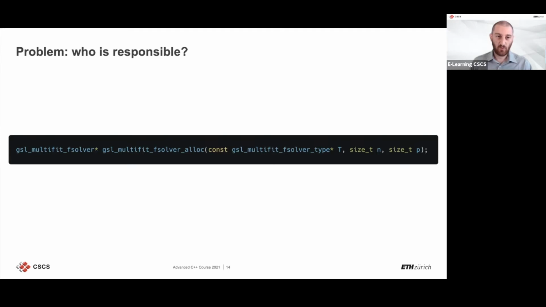Who is responsible for the returned pointer? Because behind that pointer, we may have a value on the stack, a value on the heap, and if it is not a value on the stack, it has to be released in case it is allocated on the heap. So who is responsible for doing that?